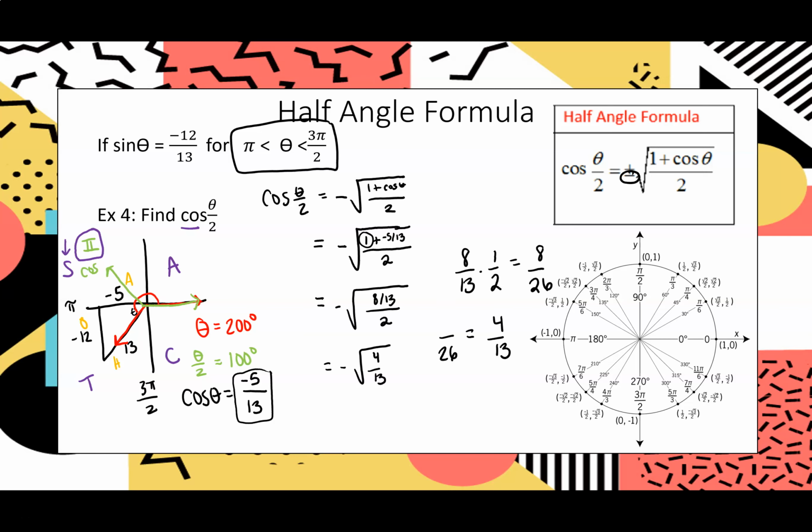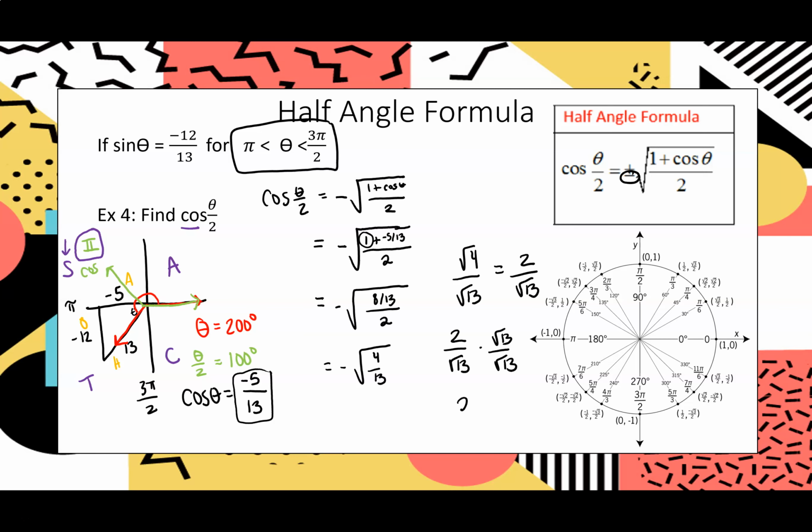And you guessed right, we can reduce that as well. What is that going to give us? That's going to give us the square root of 4 over the square root of 13. Well, what is the square root of 4? It's 2 over root 13. And now I need to take that time to rationalize my denominator. So this is going to be 2 over root 13 times root 13 over root 13.